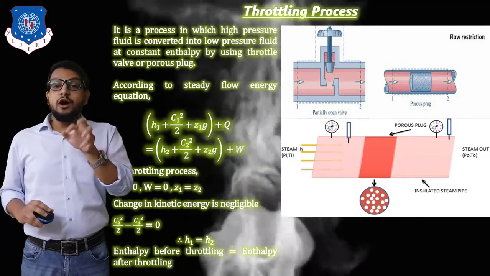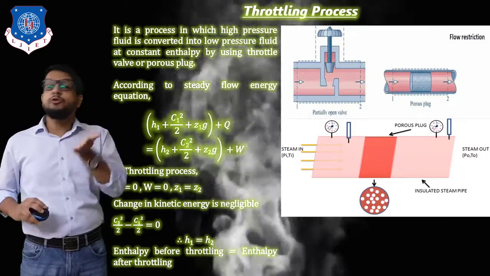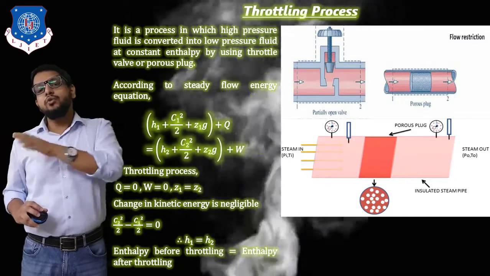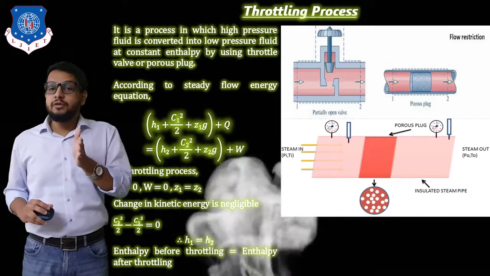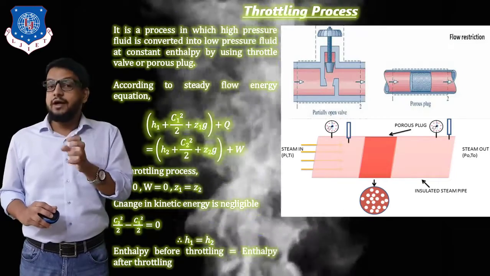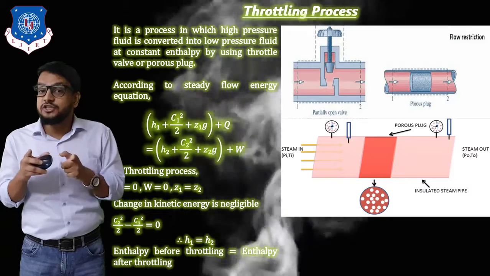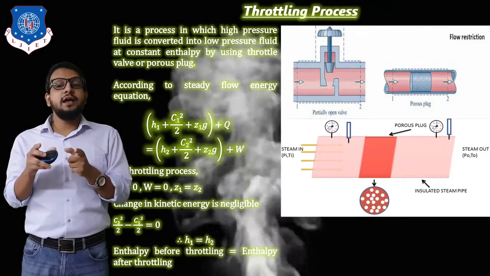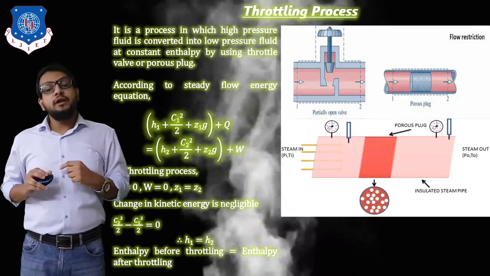That is the first law. After applying the first law, we get an equation that enthalpy before throttling is equal to enthalpy after throttling. Also remember that before the throttling process, if the steam is a wet steam at a high pressure, then after throttling, due to pressure reduction and constant enthalpy, steam will get converted into a superheated steam.